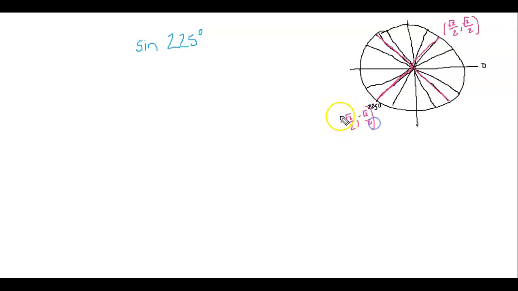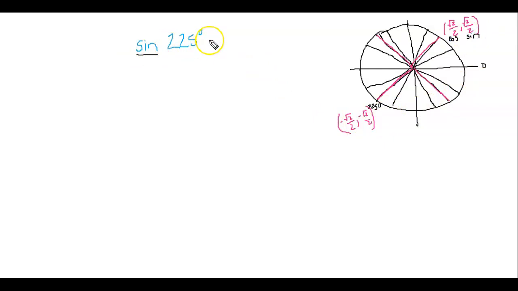Now again, if you've got your reference unit circle in front of you, you just needed to find 225 degrees, and then you found that this was its point. So the next thing I have to remember is I'm looking for sine. When we look at the coordinate points, cosine is the x and sine is the y.